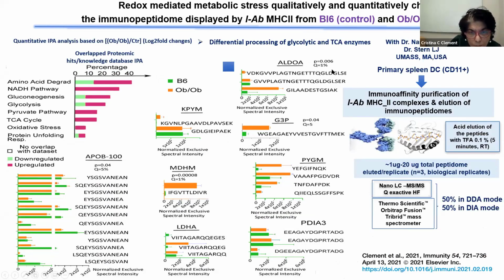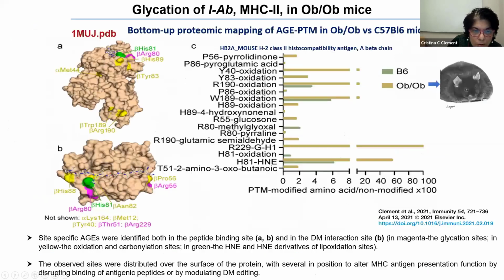Expected enzymes from different metabolic pathways and markers of atherosclerosis were very well represented and enhanced, presented as peptide on the I-Ab MHC class 2 in the OB as compared with control mice. And we also did a very good post-translational modification analysis on the MHC class 2 itself, I-Ab. So we were able to identify all the redox-mediated PTM on MHC class 2.